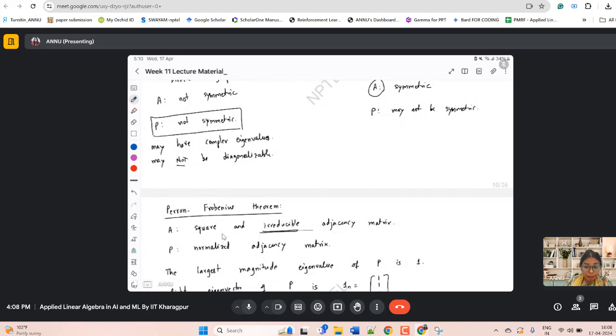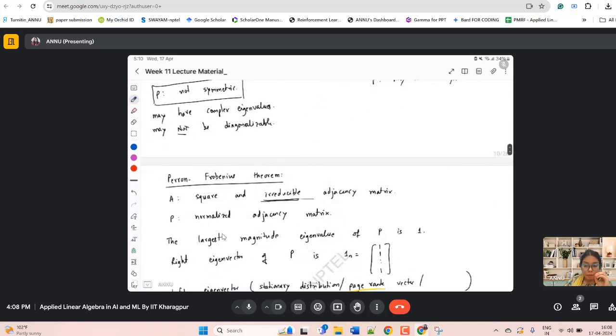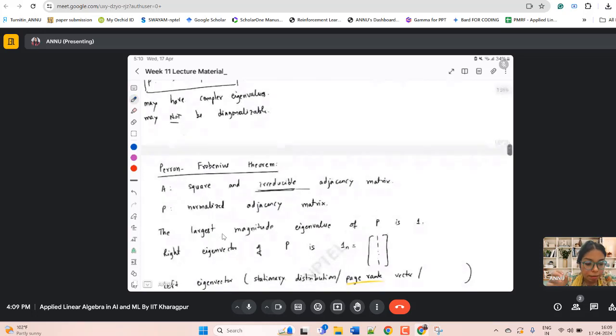One of the theorems, the Perron-Frobenius theorem, says that where A is a square irreducible adjacency matrix and P is the normalized adjacency matrix, the largest magnitude eigenvalue of P is 1. Why do we consider the largest magnitude as 1?